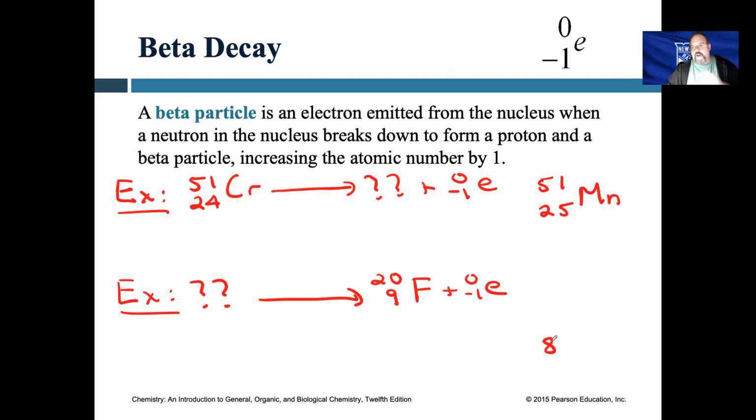So on the reactant side, our mystery substance has to have an atomic number of 8. Mass number on the product side, 20 plus 0 is 20. I was about to say 20 plus 0 is 0. It's not. 20 plus 0 is 20. So now again, what would be the chemical symbol for our mystery substance? The only element in the periodic table with an atomic number of 8 is oxygen. So here, oxygen with an atomic number of 8 and a mass number of 20 would be the beta emitter in this example.